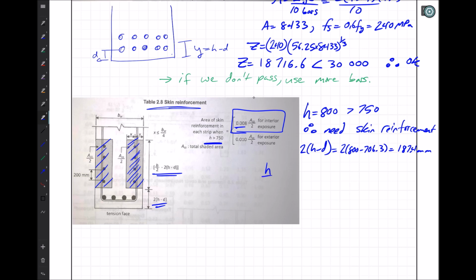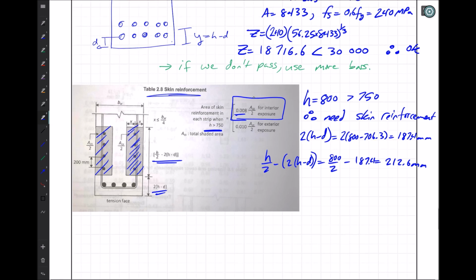We're going to need h over 2 minus 2 times h minus d. So that gives us 800 over 2 minus 187.4, or 212.6 millimeters.